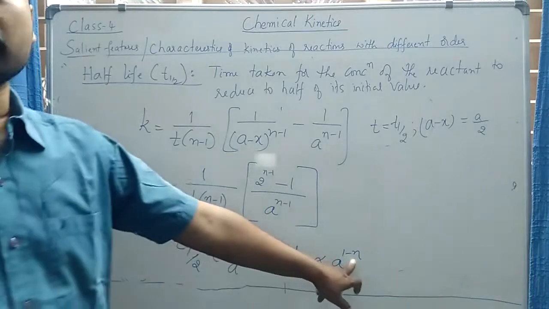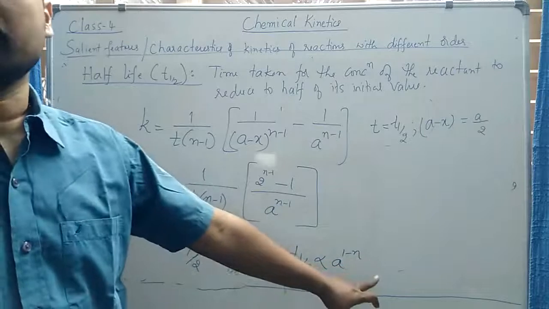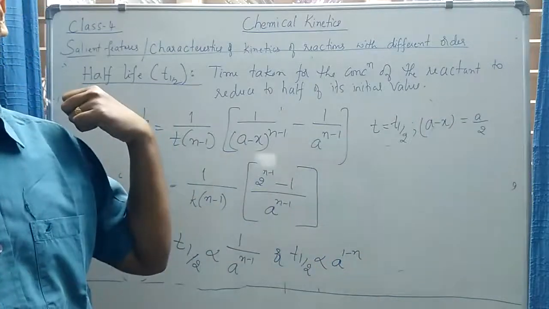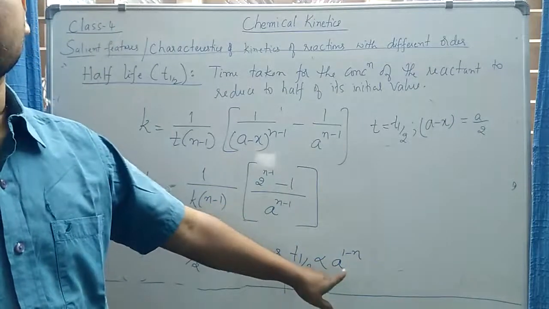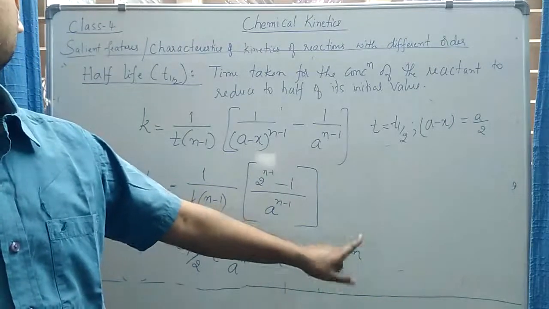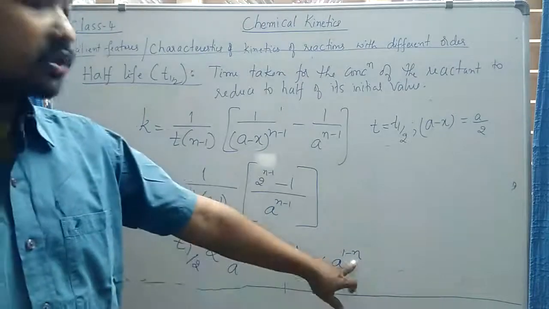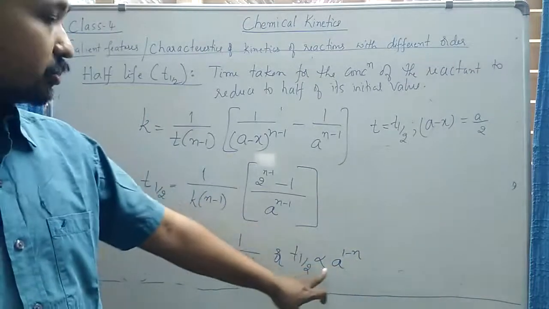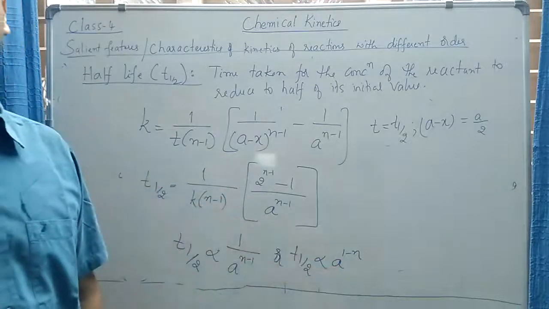So let us substitute n is equal to 0 here. Zeroth order reaction, T half is directly proportional to a. That is what we proved. Okay, if n is equal to 1, T half is directly proportional to a to the power 0. It means T half is independent of a. That is true for a first order reaction. If I substitute n is equal to 2, T half is proportional to a to the power 1 minus 2, that is a to the power minus 1.